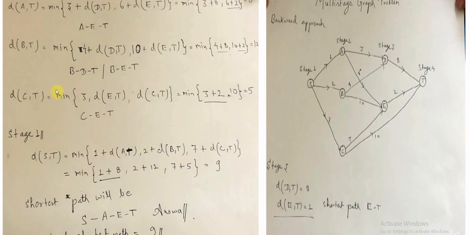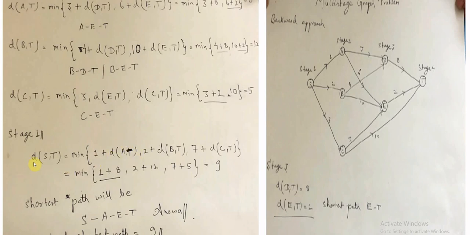So in that sense also it is a backward approach, because in the present scenario we are utilizing the values which we have already generated previously. That is one of the reasons why this approach is known as the backward approach, because we are using the previously computed values in the present formula.